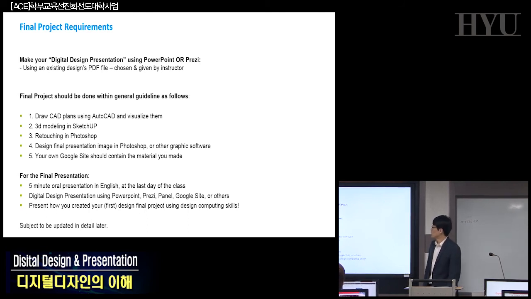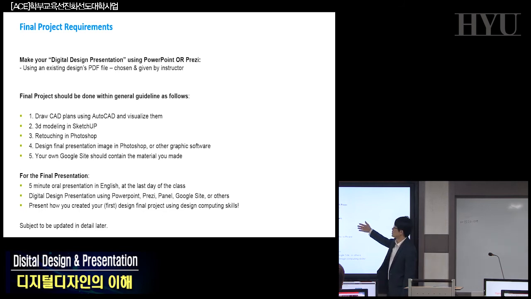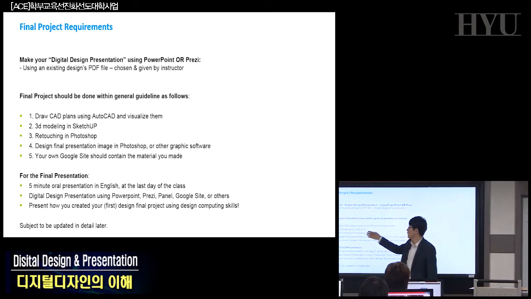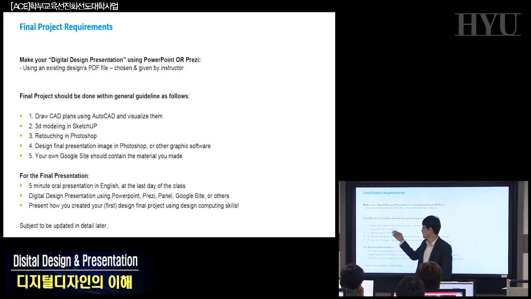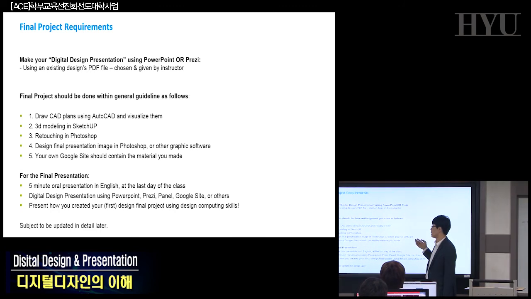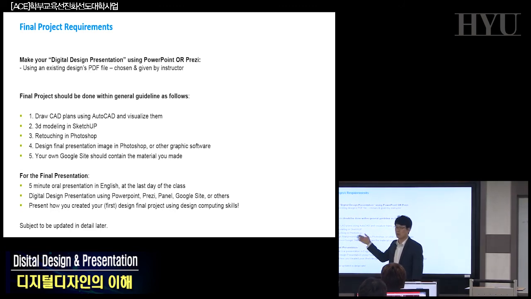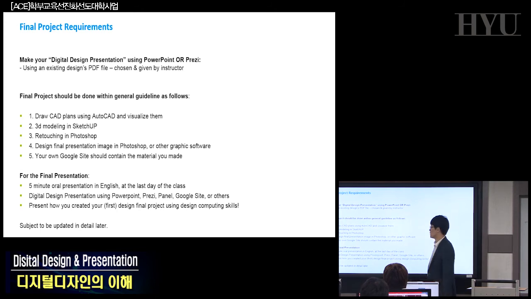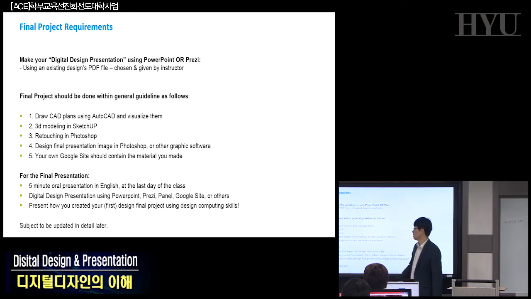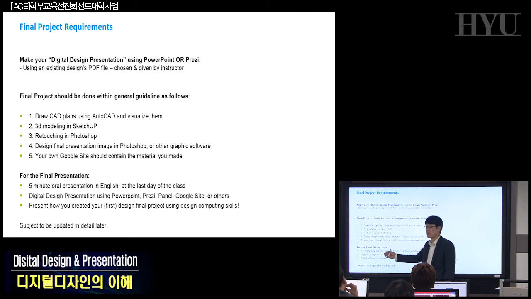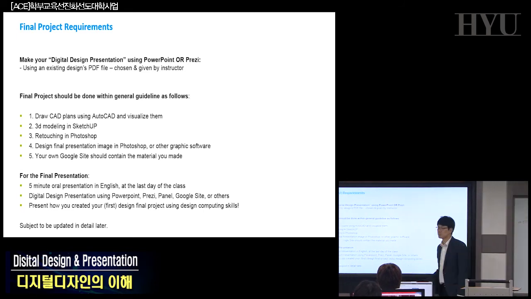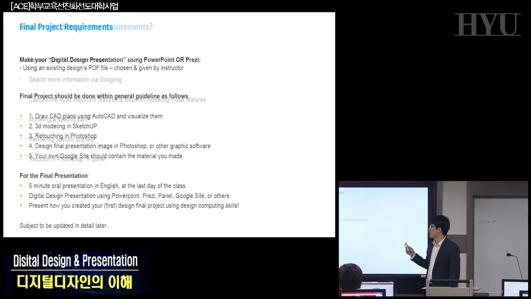So here I list specific things to do: CAD drawings, 3D modeling, retouching of 2D images, and some additional images and representations. And a Google site should be equipped with your materials. And the final presentation, a five-minute oral presentation, and so on. So how to make it?